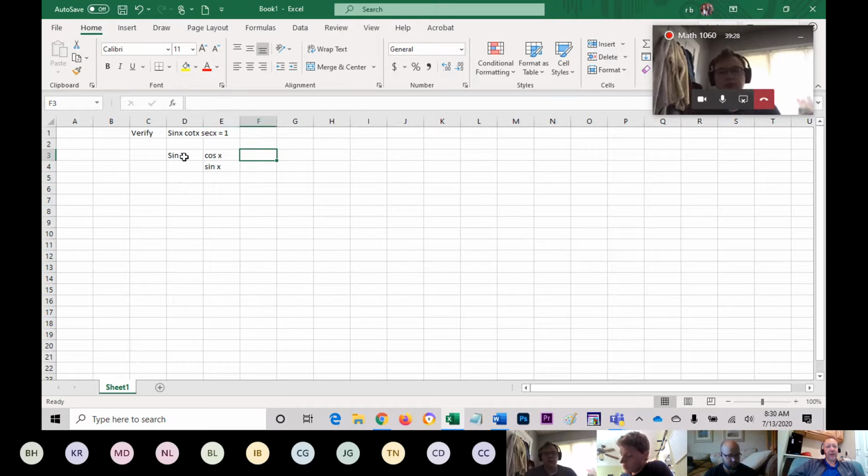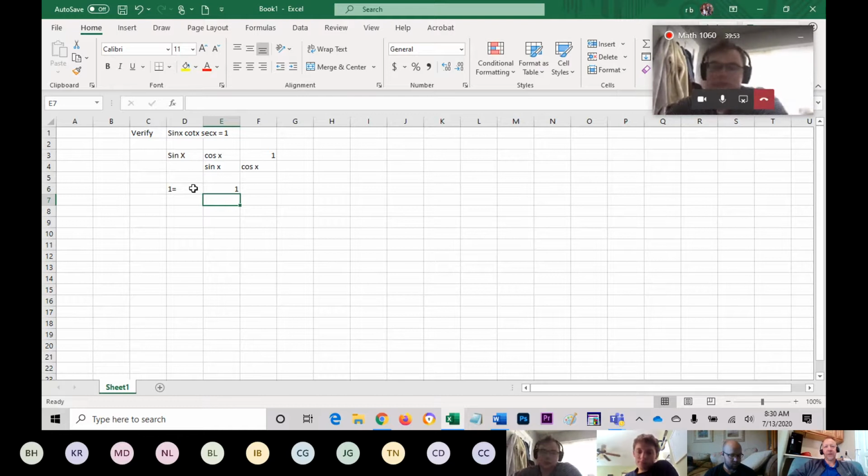And who remembers what the secant is? What's another way to write the secant of x? 1 over the cosine of x. Over the cosine of x, okay? So these sines will cancel, these cosines will cancel, and you're gonna get 1 equals 1. Boom.